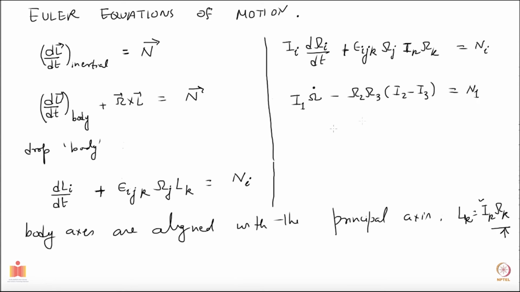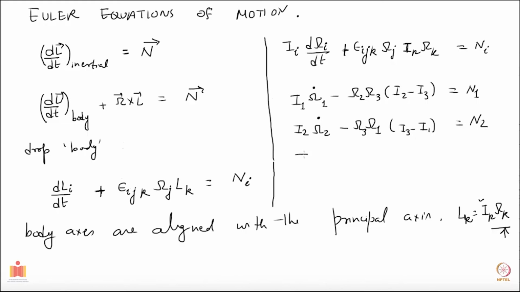Then the second component: I2 omega 2 dot plus omega 3 omega 1 (I3 minus I1) is equal to N2.